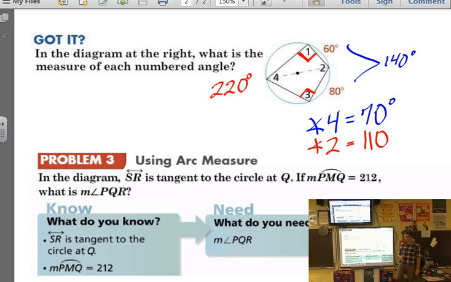And then if we wanted to, what if I asked you to solve for this arc? That would be a number. Do I have an angle that intercepts that arc?